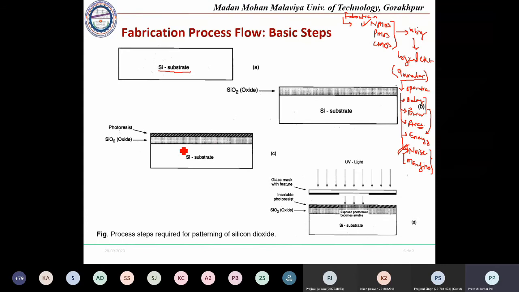In the next step, we will be depositing another layer that is called photoresist. This photoresist is the layer that, as its name suggests, provides resistance to light. There are different types of photoresist materials. Here we will be considering a photoresist that responds to ultraviolet rays.